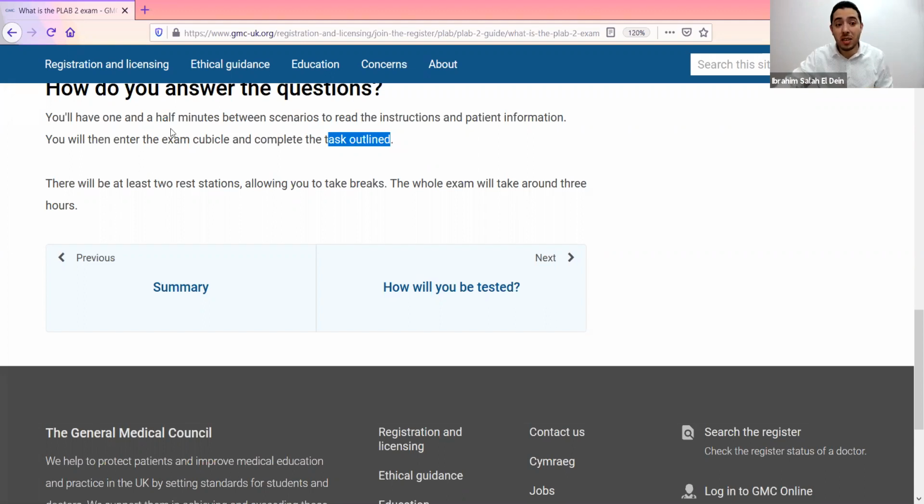This 1.5 minutes is a very strict time to read the new station and to arrange the questions, just to think about the new station. So you don't have any time to think about it. If you try to think about the previous station, you will lose the next one.